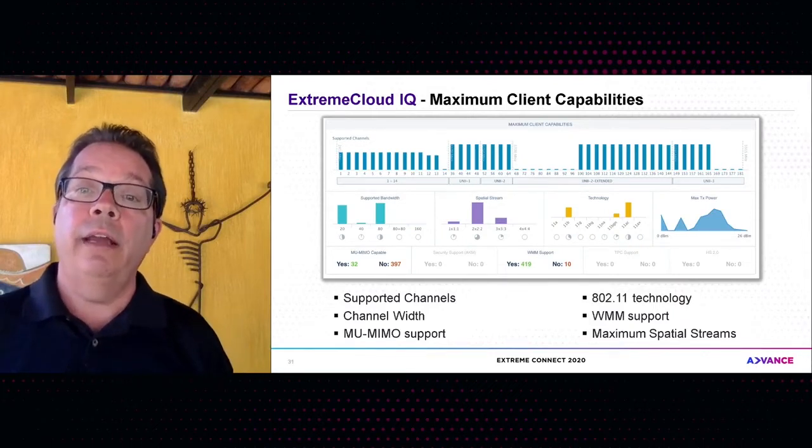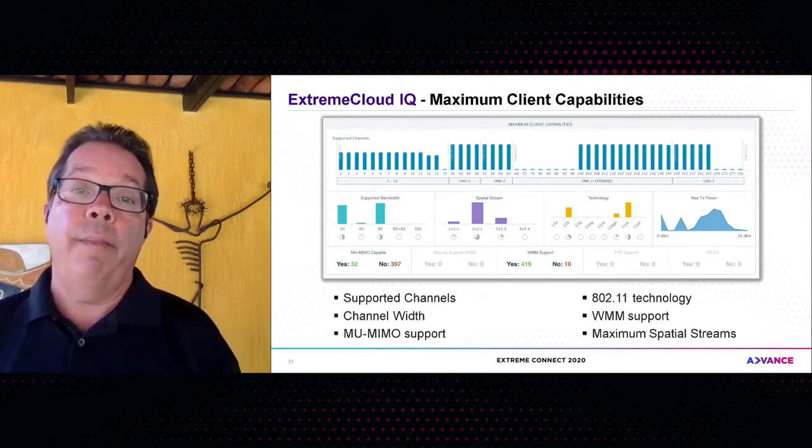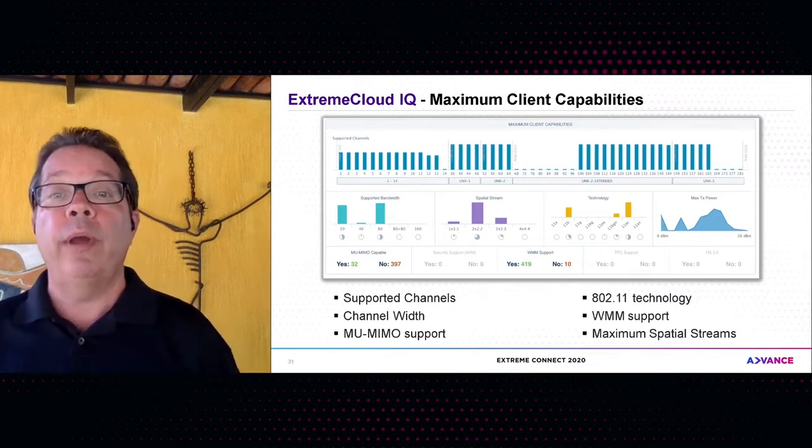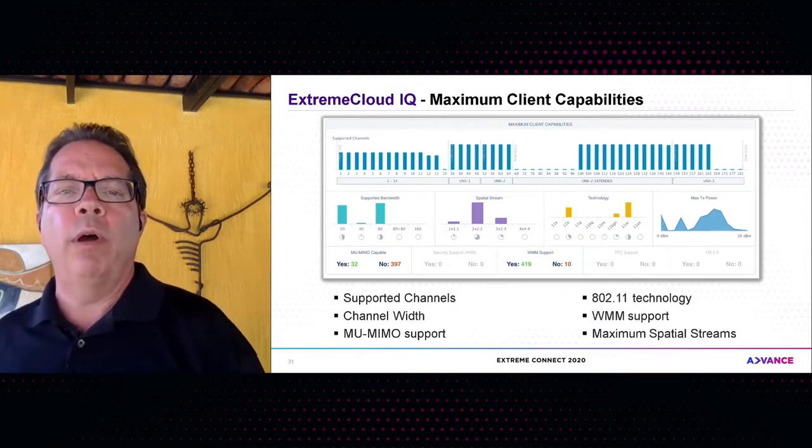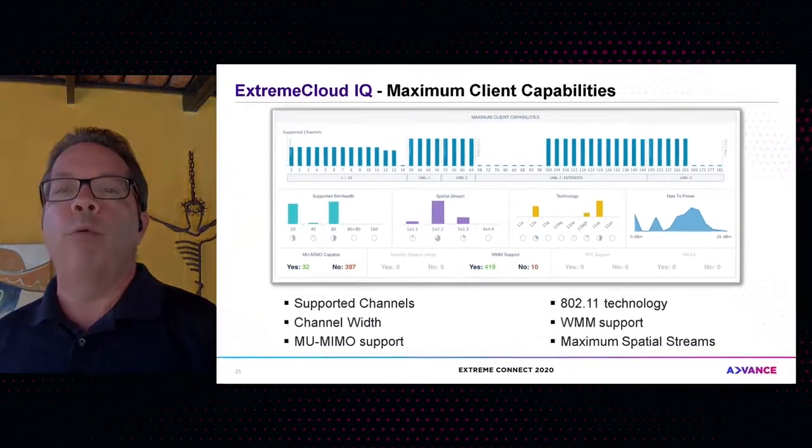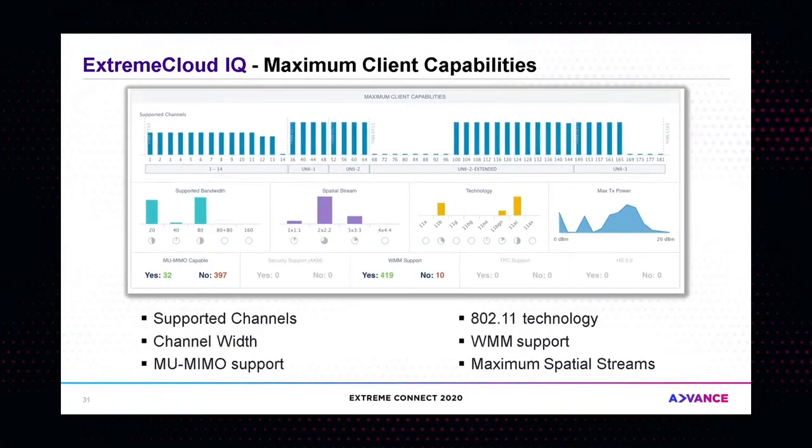So for future planning of your network, you can see how many of your clients are 2x2x2, or whether you have a really high number of 1x1x1s, and whether they support MIMO or WMM capabilities. We can show you that, and legacy clients have a way of sticking around too long, so this is quite helpful to see how many legacy clients are out there that might be dragging down your entire network.